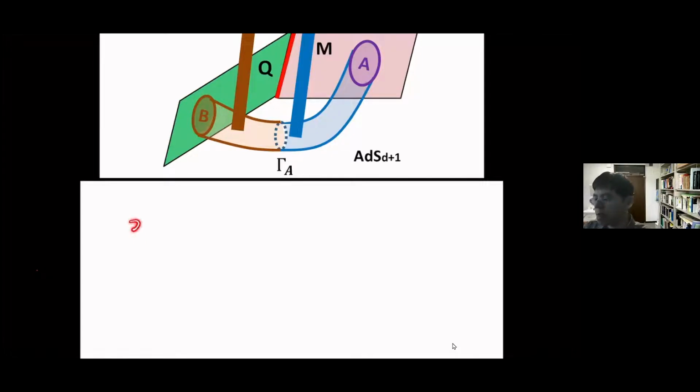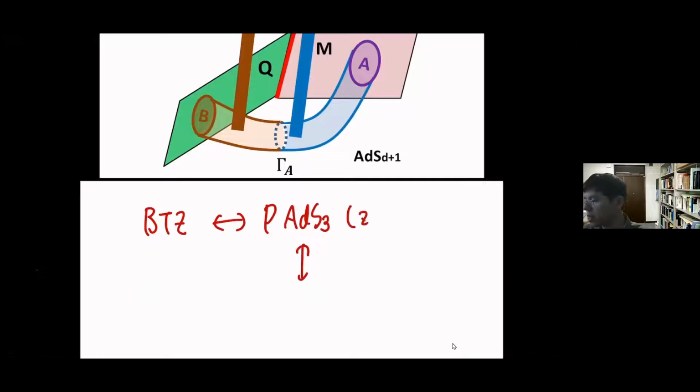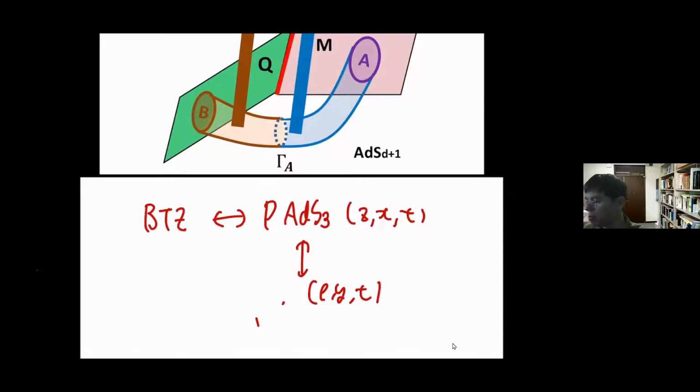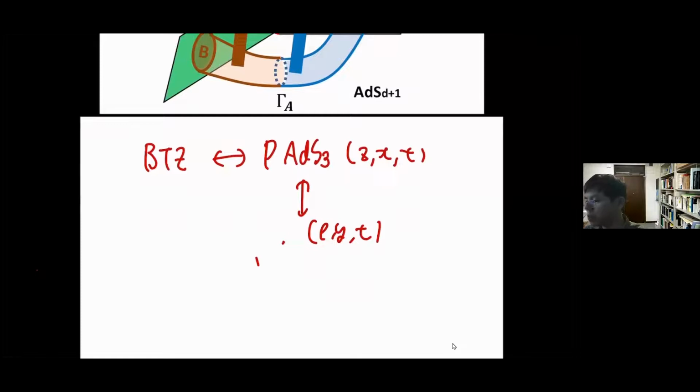Anyway, you can always map to BTZ, right? You know this mapping from Poincare AdS3 with coordinates z, x, t, then you have this rho coordinate, rho and y and maybe t. So you can always write this. I think anyway you need this kind of chain.